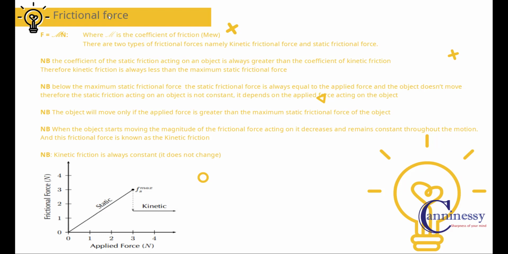Above the maximum static frictional force, which means the applied force is greater than the maximum static frictional force, the frictional force acting on the object drops down and remains constant throughout the motion. This type of friction is known as the kinetic friction.